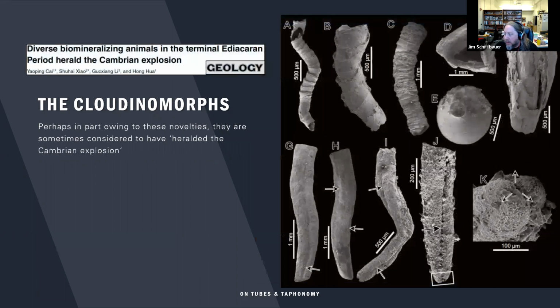So I think owing to a lot of these different novelties, this is why people tend to say that these organisms heralded the Cambrian explosion or laid the groundwork or were key players on the stage of the Cambrian explosion. However you want to phrase it, I think they're all valid ways to think about these organisms.